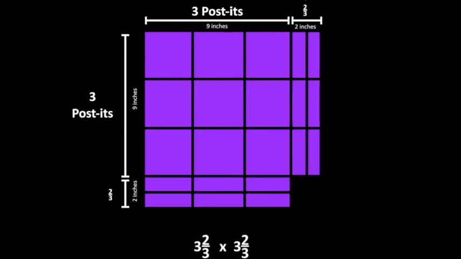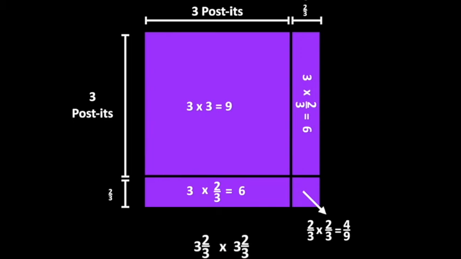And then they multiply the 2/3 of a Post-it, because that would be 2 inches. And then at the very bottom, just like what happened in the video, students are multiplying 2/3 times 2/3. There's the area model that students are building and constructing through this task.